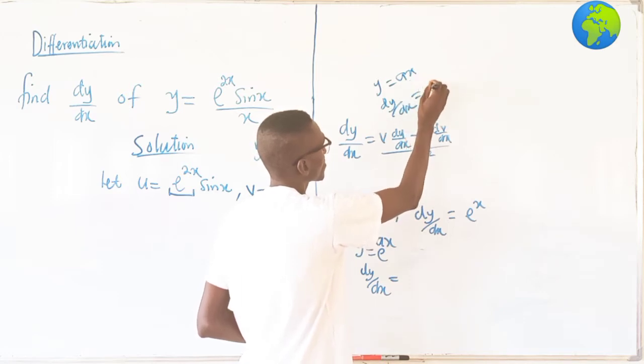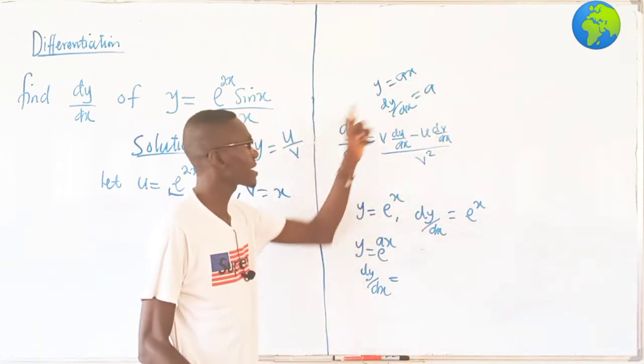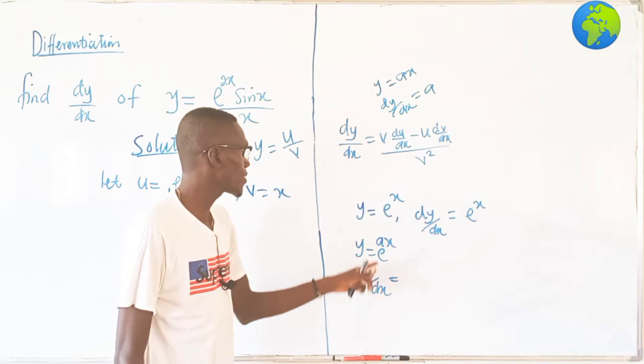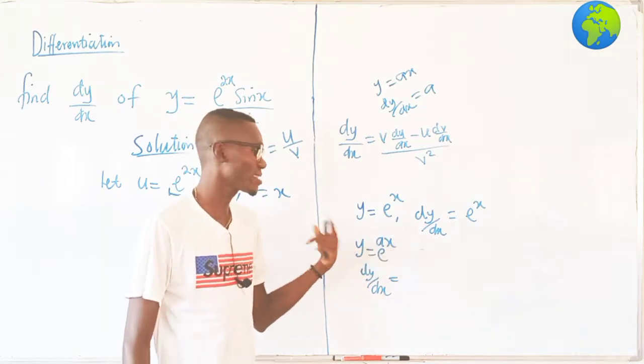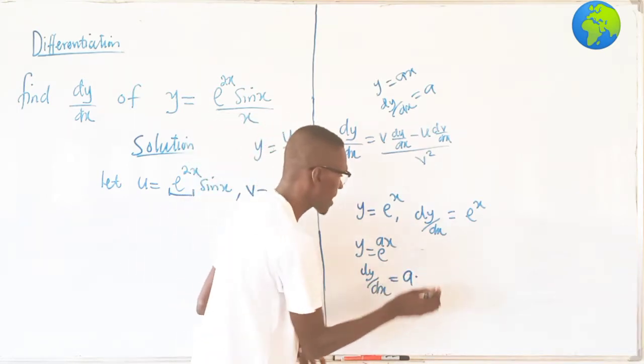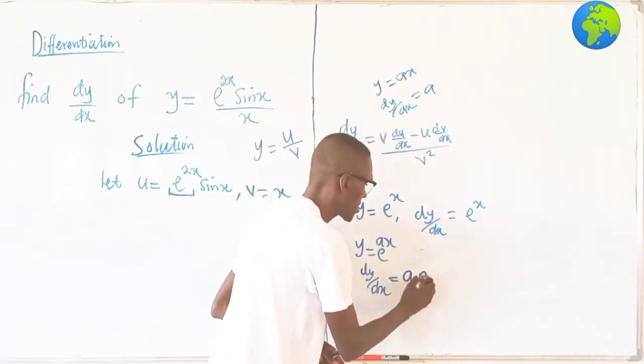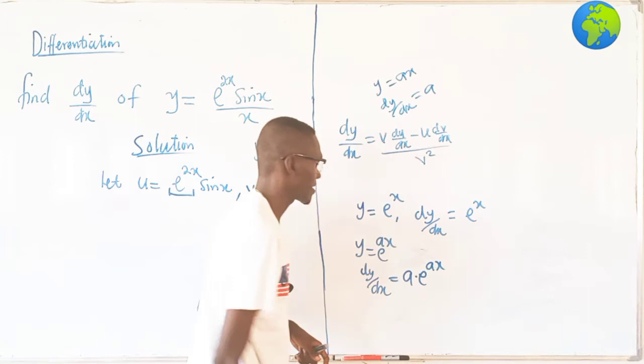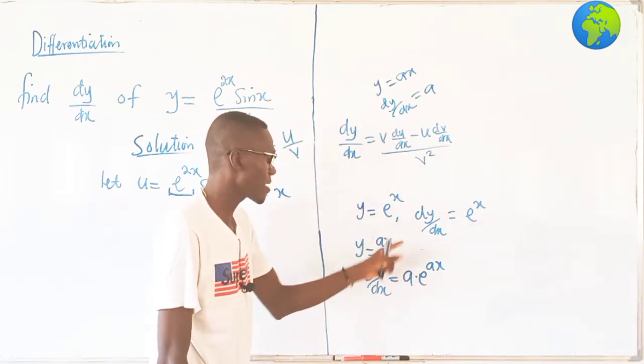The coefficient of x here is a. So dy/dx of ax is going to be a. You multiply by, bring back the function, e raised to power ax. So it's going to be a e^(ax).